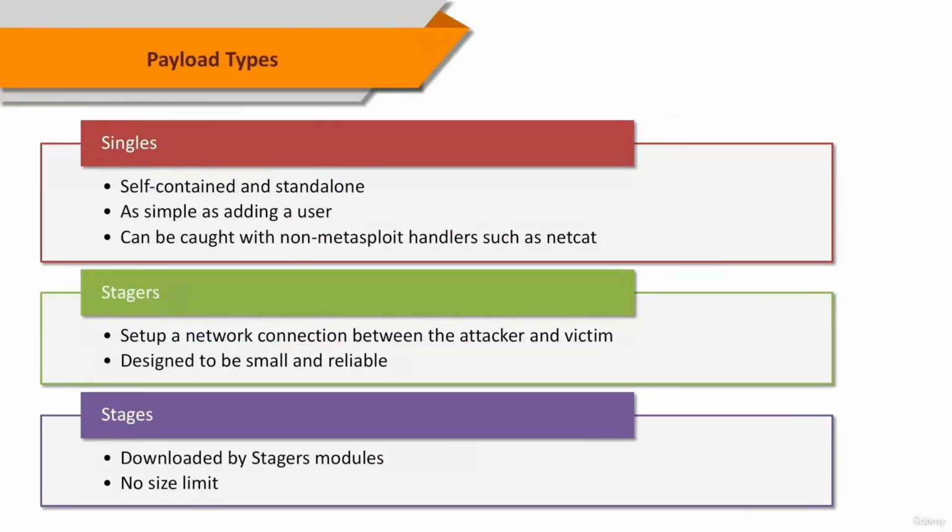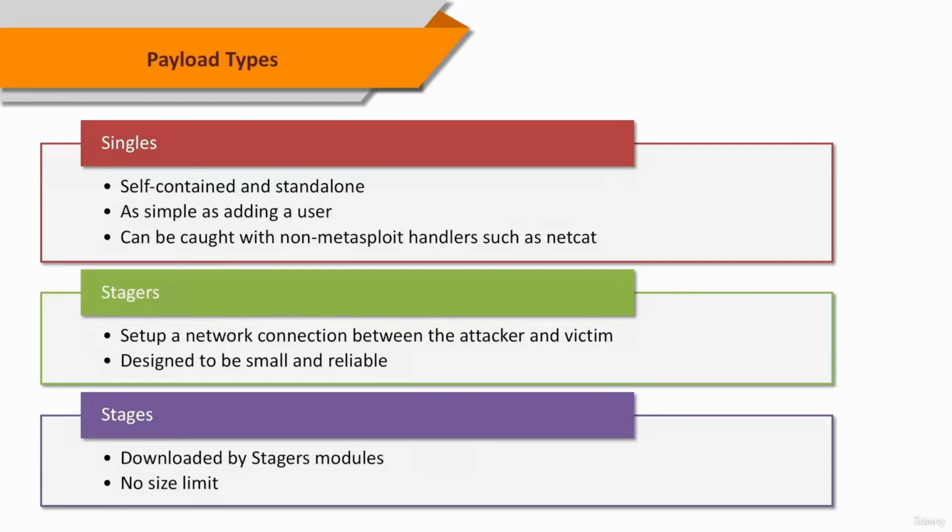So singles are payloads that are self-contained and completely standalone. A single payload can be something as simple as adding a user to the target system or running calc.exe. These kinds of payloads are self-contained, so they can be caught with non-Metasploit handlers such as Netcat.